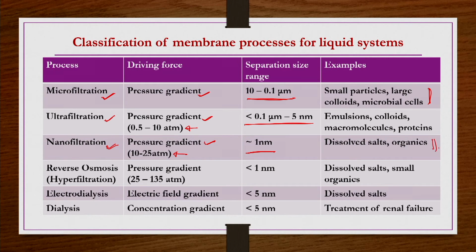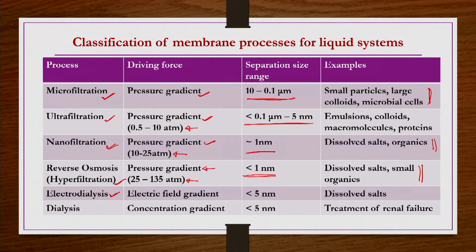Examples are dissolved salts, organics, etc. Then reverse osmosis or hyperfiltration also has pressure gradient as the driving force, but the pressure drop is as high as 25 to 135 atmospheres, used for a separation size range of less than nanometer size. It is beneficial for separating dissolved salts, small organics, etc.